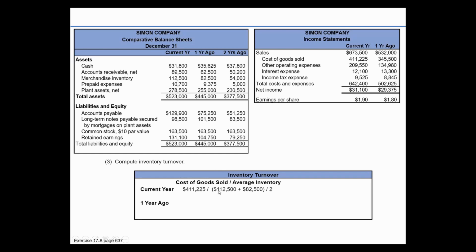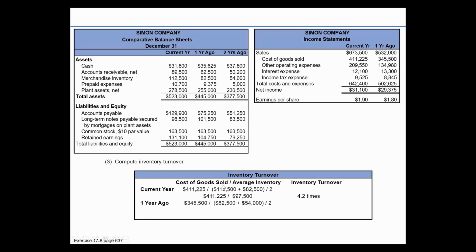So 112,500 plus 82,500. You add both those up, divide that by 2. So you would then have 411,225 divided by 97,500. So our inventory turnover is going to be 4.2 times.